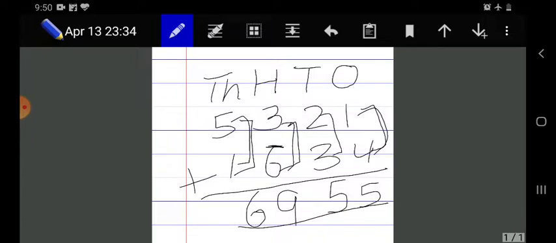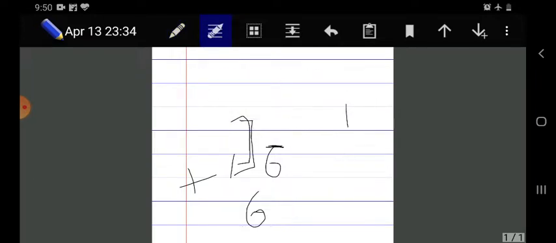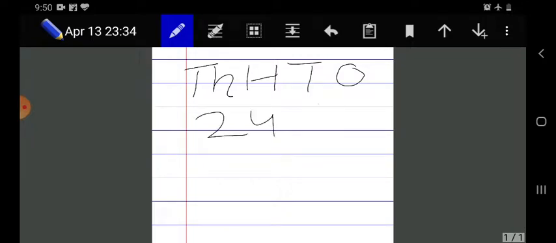Now we will start with another method, that is addition with carry. Ones, tens, hundreds, thousands. 4 digit addition. Suppose it is 2, 4, 6, 3, 1, 5, 8, 7.